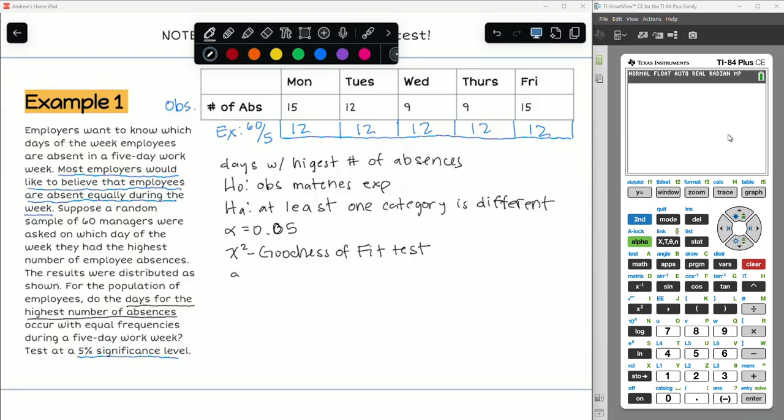And my check is that all expected values are greater than or equal to 5. And mine are all 12, so we clear that condition. And my next step is to go ahead and calculate my p-value and my test statistic. So observed into list 1, expected into list 2, and then I'm going to call chi-squared GOF test.